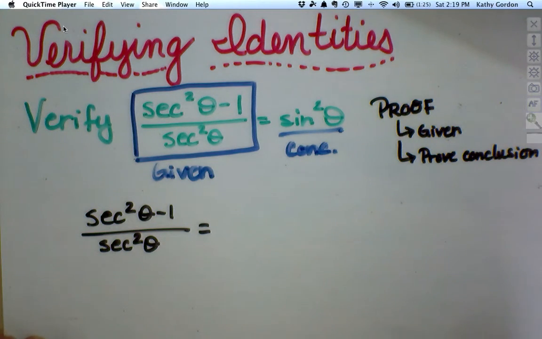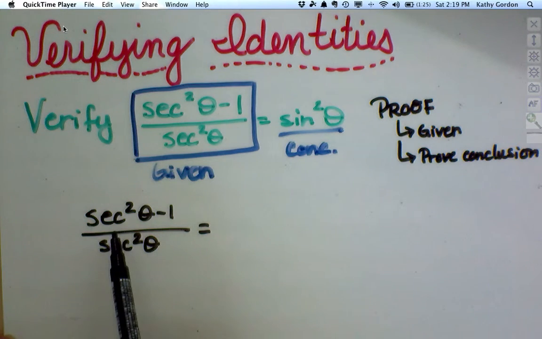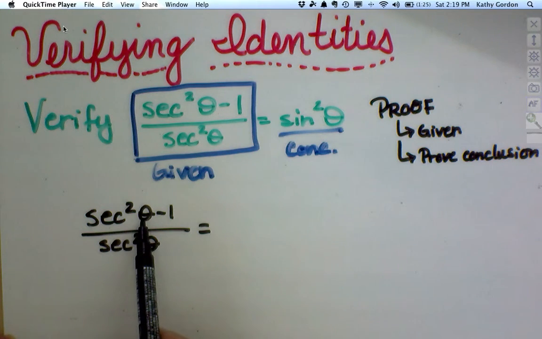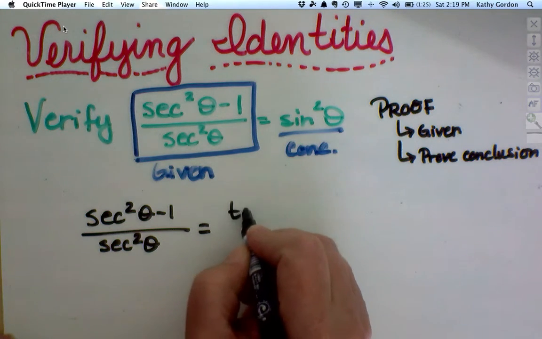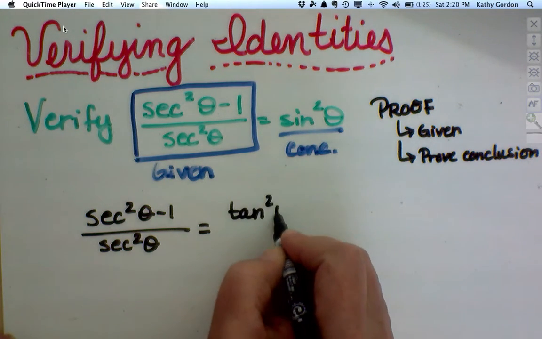All right, so what could we do first? Well, one possibility is to look at our trig identities and to notice that secant squared of theta minus 1 is equivalent to tangent squared theta.